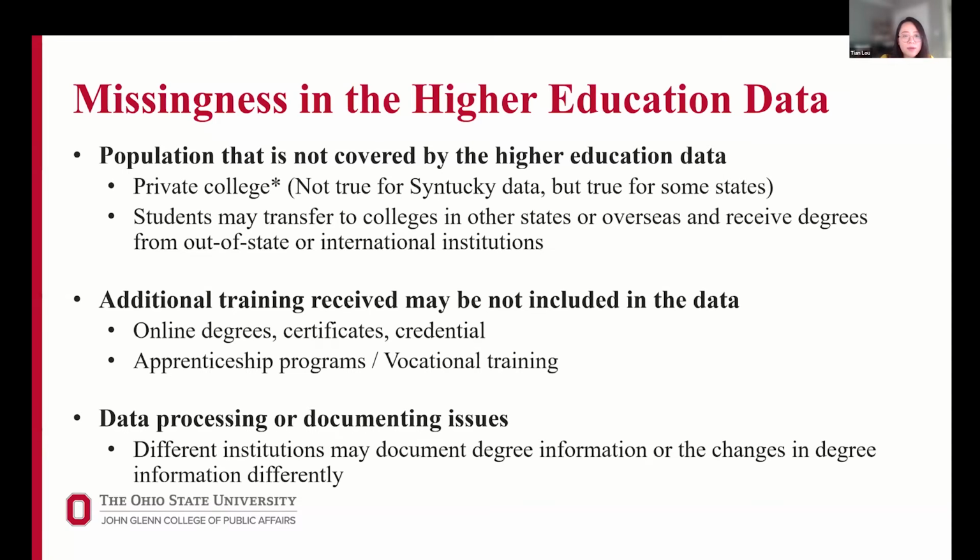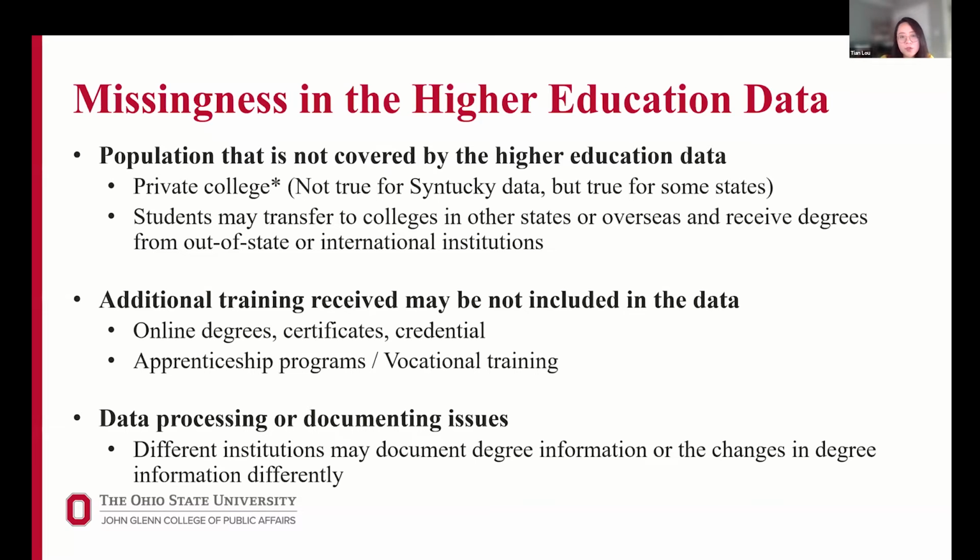Another thing is that this still relates to your underlying sample choice. Again, if you only care about students who acquire degrees from Kentucky, then it's fine to use the data.